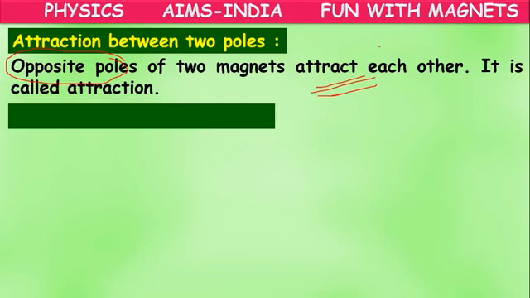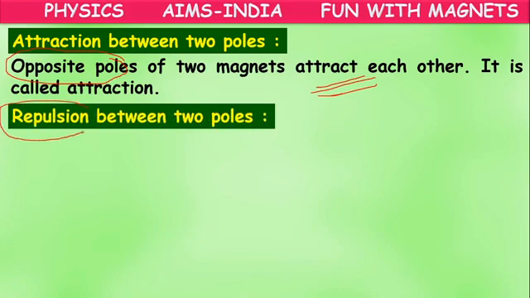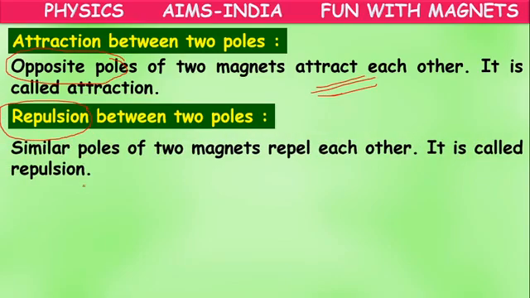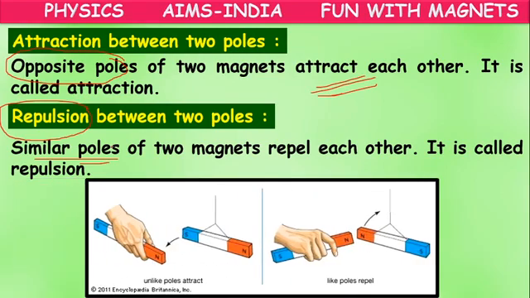If we are bringing them together, then attraction will happen. What about repulsion? Repulsion will happen when similar poles are facing each other, north pole and north pole or south pole and south pole.